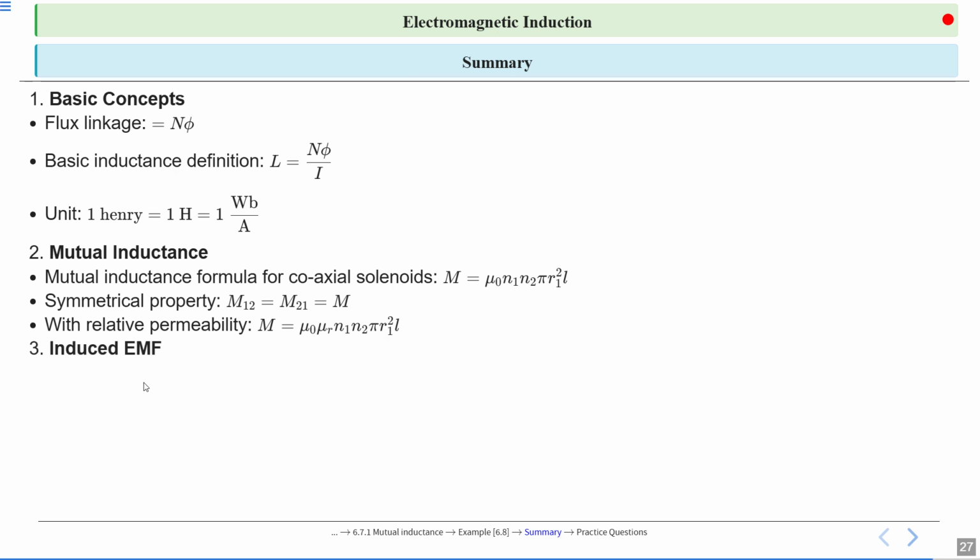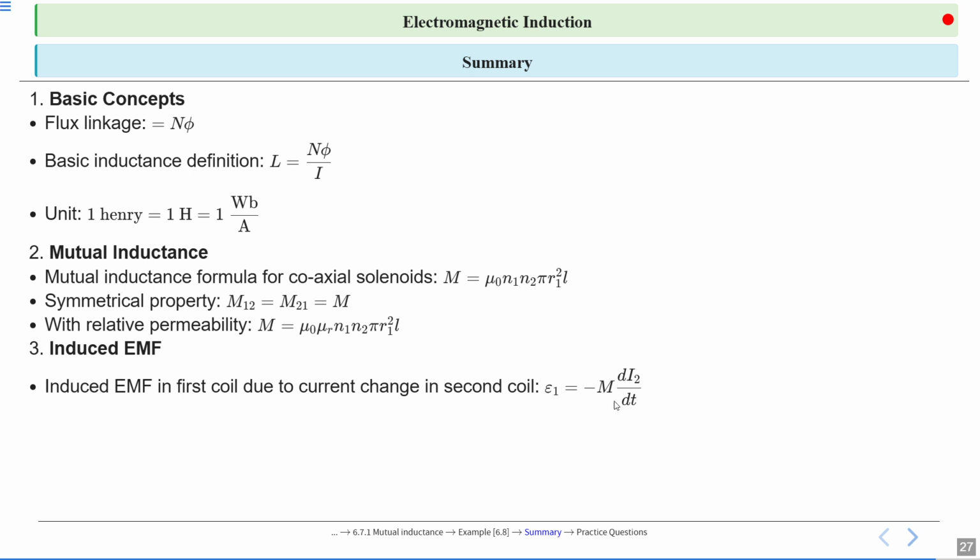Induced EMF in the first coil due to the current change in the second coil, that thing we have also derived. So epsilon 1 will be equal to minus M di2 by dt. So the rate of change of current in the second coil is responsible for the induction of EMF in the first coil.